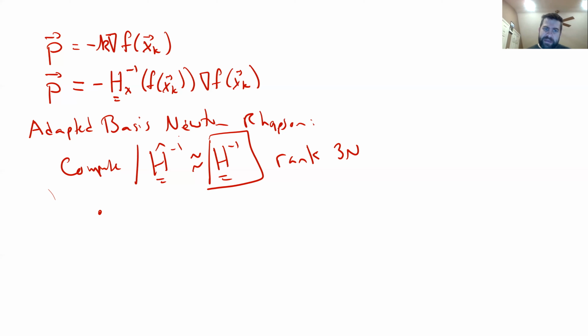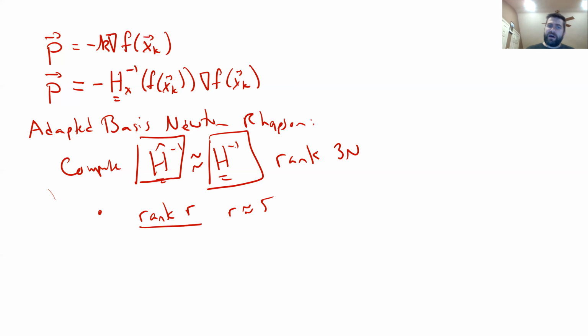What we are going to be replacing this with is a very low rank approximation. Let's call this a rank R matrix, where R is usually on the order of 5. Right? Very, very, very small. So 3n might be 30,000, 100,000. We're looking at a very, very low rank approximation to this matrix.